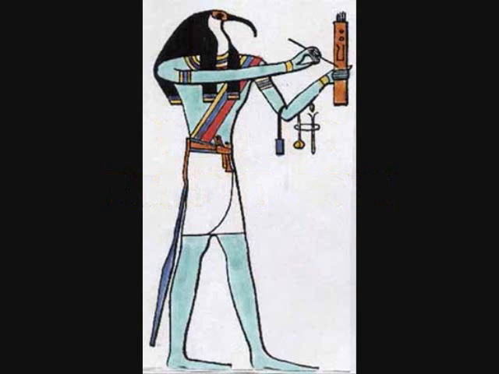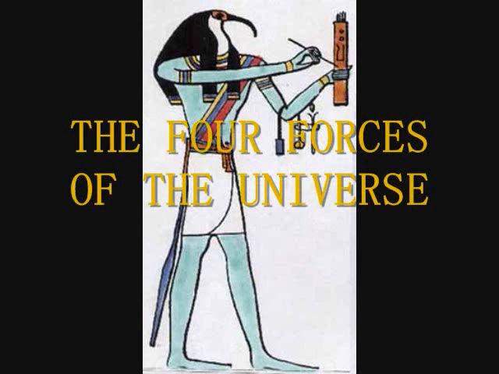The 4 pairs possess the characteristics identified with 4 pairs of primordial powers, or primordial forces. Each pair represents a primeval dual gender twin, the masculine and the feminine aspect.